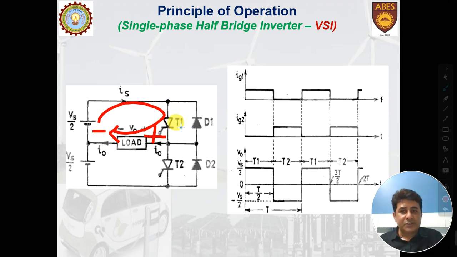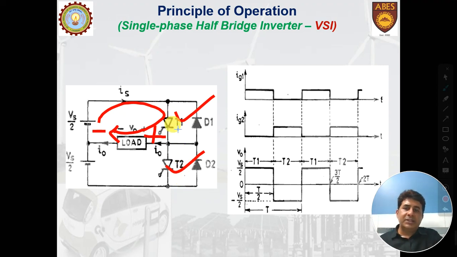Now, these two devices T1 and T2 both are always forward biased, because you can see the upper side of this battery is positive. So this circuit keeps these two thyristors as forward biased always.